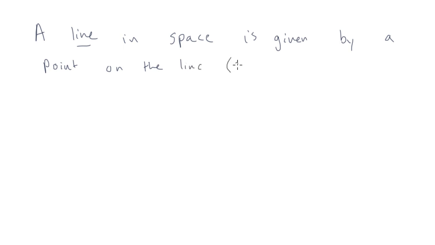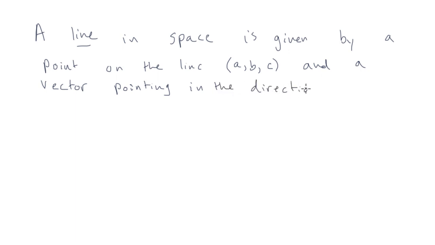Let's just say that point is A, B, C, and a vector pointing in the direction of the line. Let's say that vector is V.